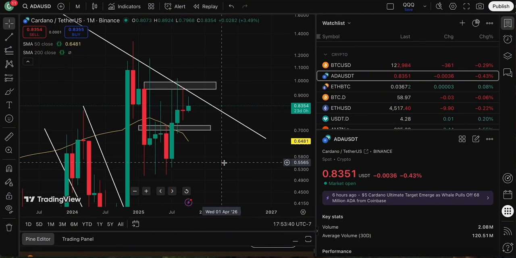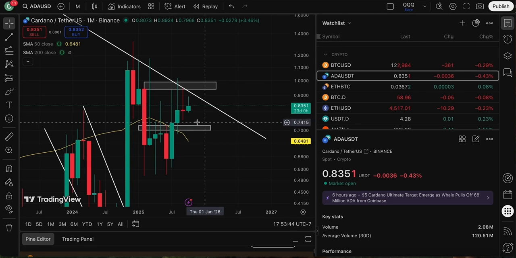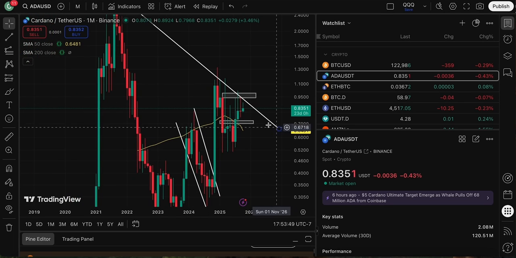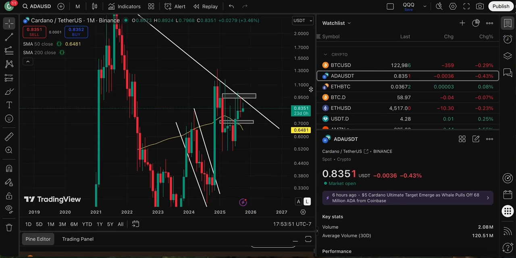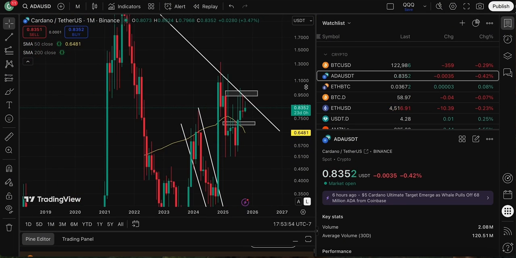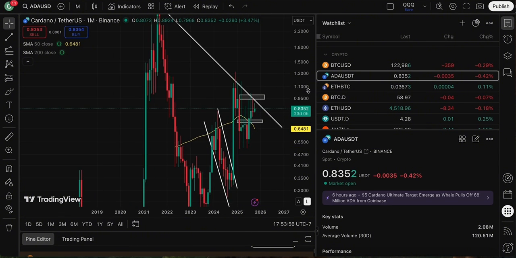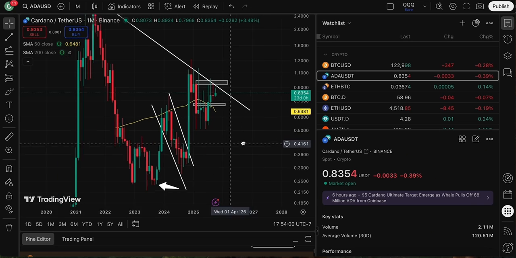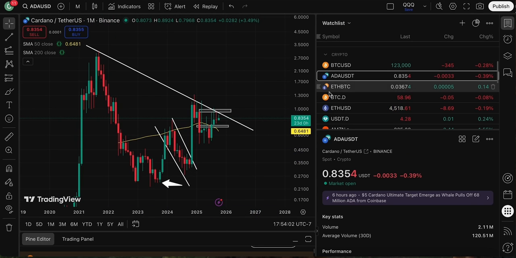And I have these supply zones marked out right around 71, 70 cents. We haven't reached that level yet, guys. I would venture to say that ADA is in one of the most bullish positions it's been in in a very, very long time, but the sentiment could not be lower. This is a very great trade. I believe that it has great risk to reward, and I think that it's going to melt faces.